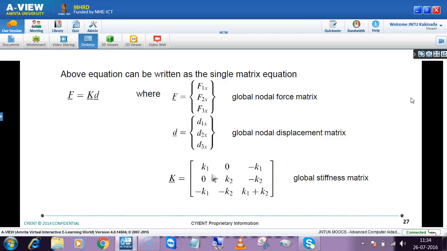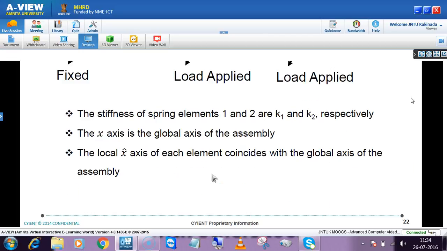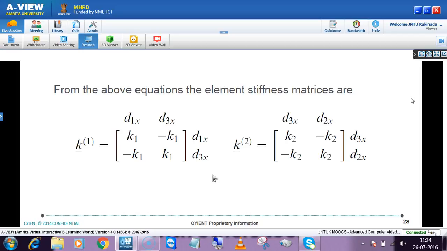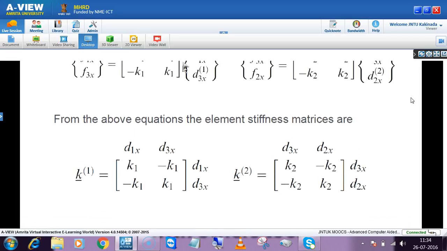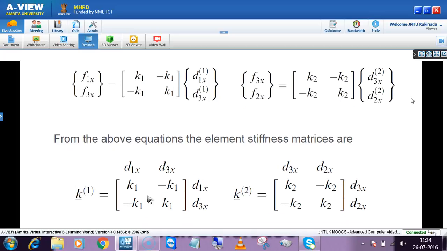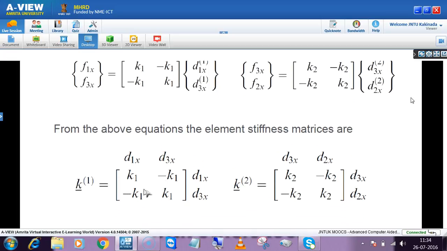So that is one method. Whatever I discussed is one method. We can do other simplified methods, like these are the local stiffness matrices for the given problem.